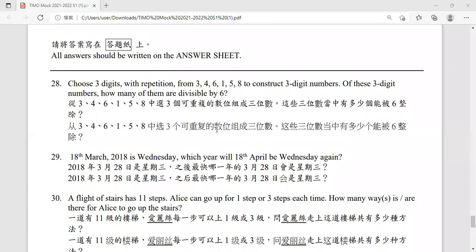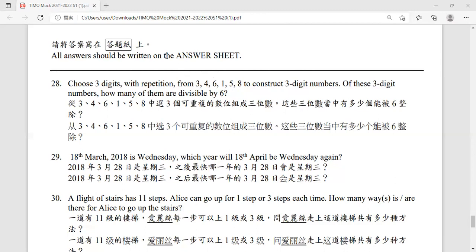Now 28. Actually, not too difficult because you just count all the numbers. Please bear in mind that if the number can be divided by 6, it should be an even number. And the digits can add up to a multiple of 3.